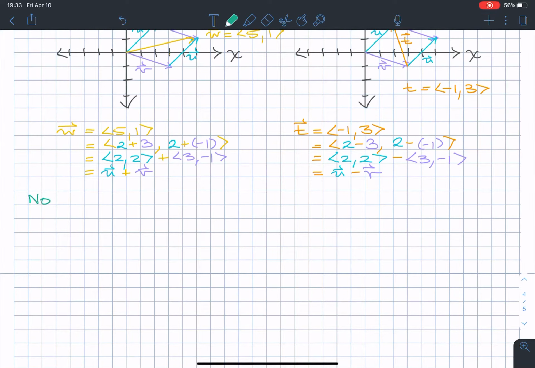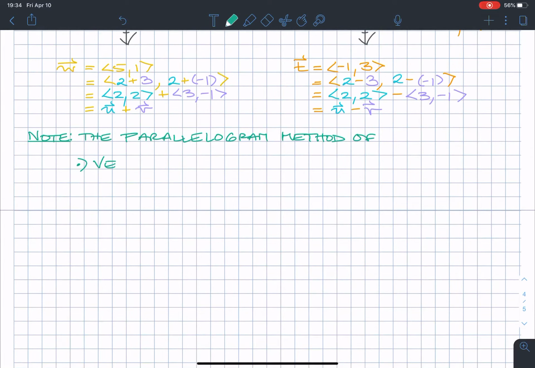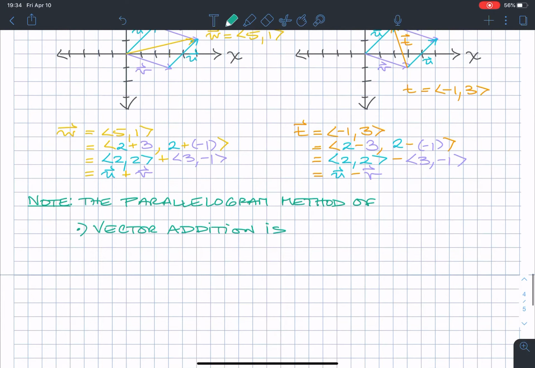So note, the parallelogram method of vector addition is the main diagonal, right?